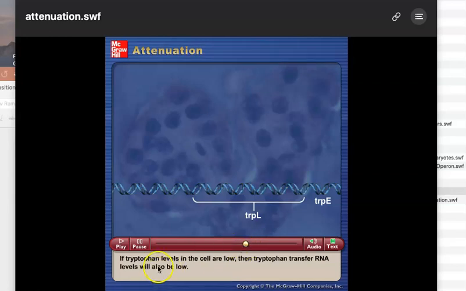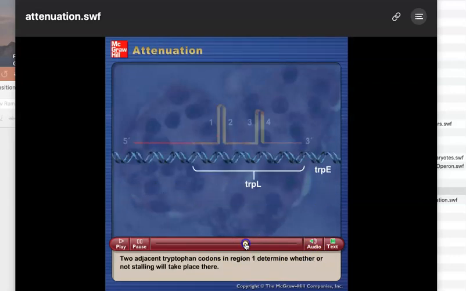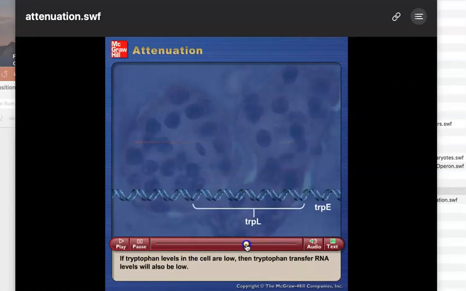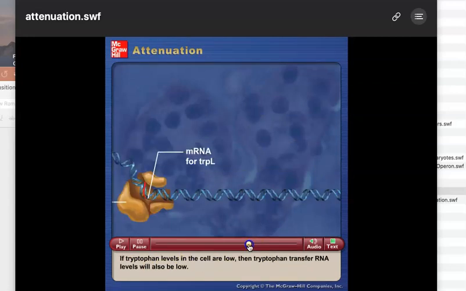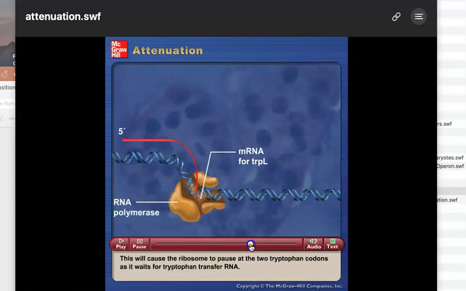If tryptophan levels in the cell are low, as I talked about, then tryptophan transfer RNA levels will also be low. So the 2 adjacent tryptophan codons in region 1 determine whether or not stalling will take place. Here's our guy.